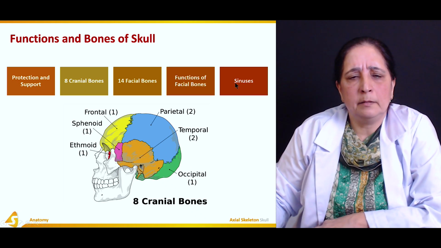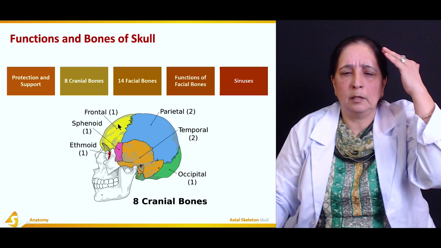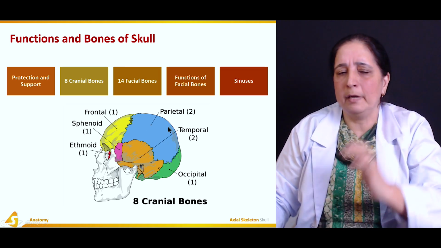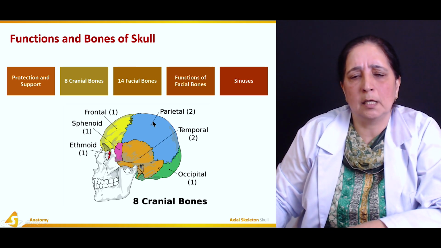So of these 8 cranial bones, in the front we have the frontal bone. There is one frontal bone, this is all your frontal bone, the forehead. Then on the sides we have the parietal bones. There are 2 parietal bones.